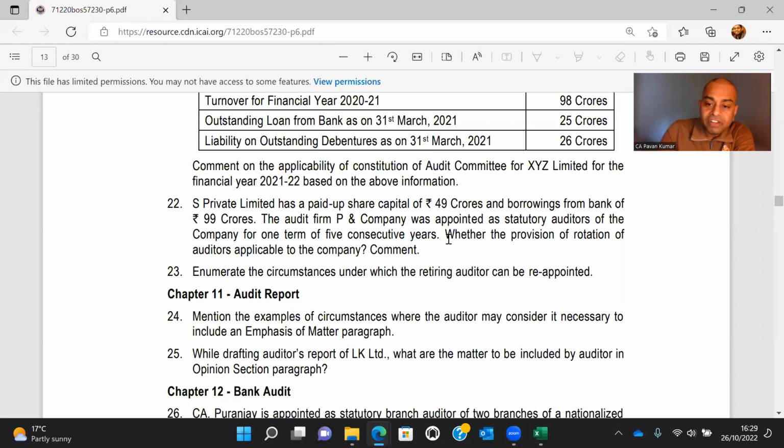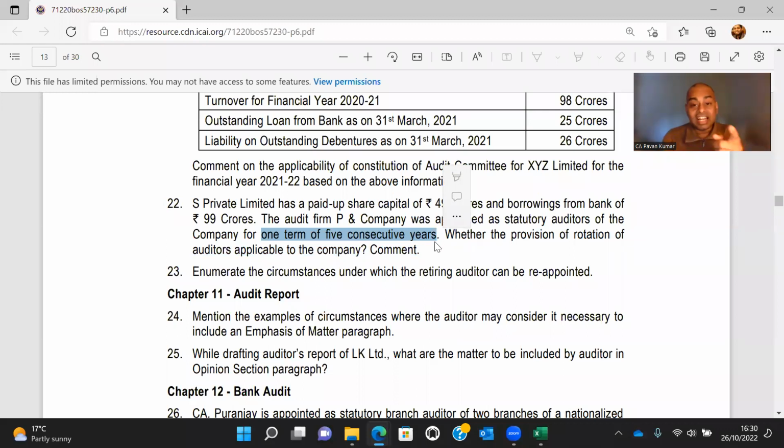Listen, whether the appointment of auditor is valid, if that is the question, the answer is yes, the appointment of auditor is valid, whether it is a private limited company or public limited company. The audit firm was appointed as statutory auditor of the company for one term of 5 consecutive years.